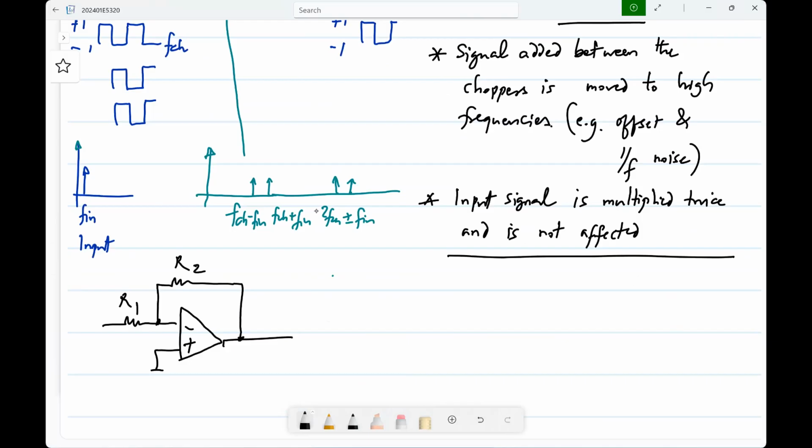Okay. So in this spirit, what dynamic technique can you think of? Dynamic technique basically means that you may have some time varying circuit which on average behaves the way you want. So in this case, can you think of something? What could you do?